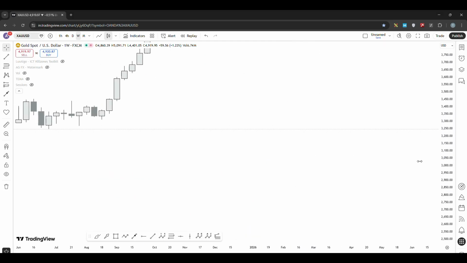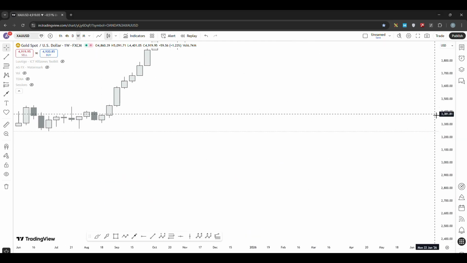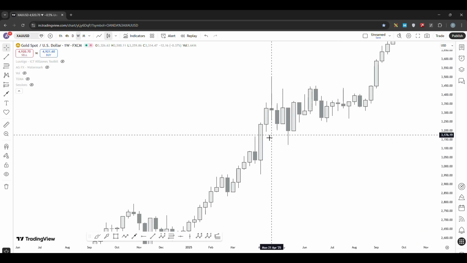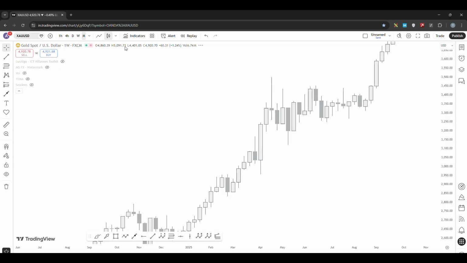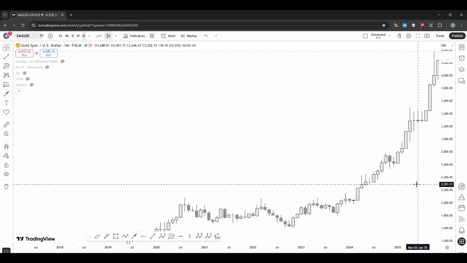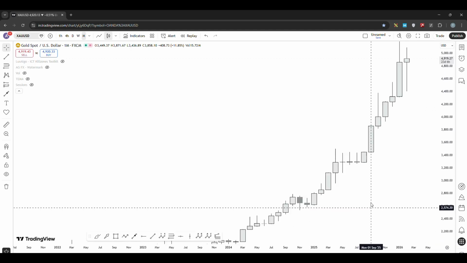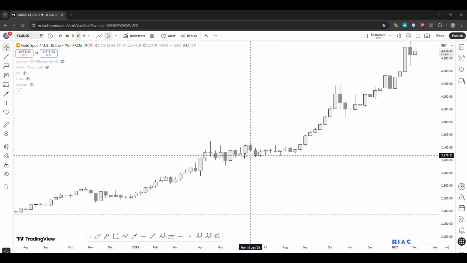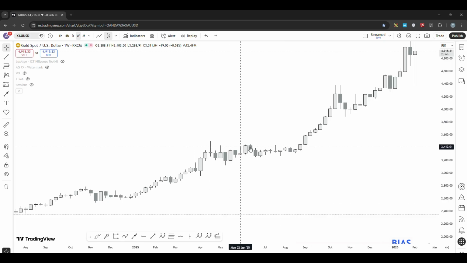Now let's find out the bias of the market when the market is over here. Okay, so let's go to the monthly and see what happened over here. As you can see, here we had the weekly on 21st April.